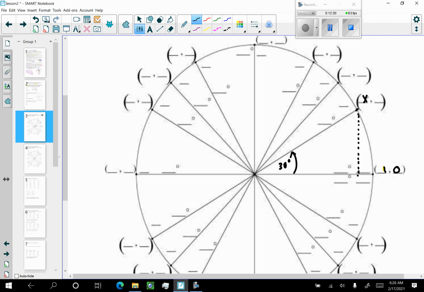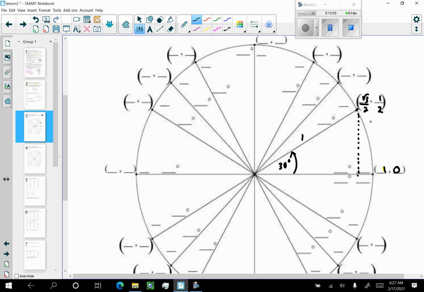So this hypotenuse is always 1 because we're on the unit circle. We can find the coordinate of that. And we actually found those coordinates before. And we know from our previous discussion that coordinate right there was square root of 3 over 2, if you remember correctly. And the y value was 1/2. That's the y value, the opposite leg over the hypotenuse.